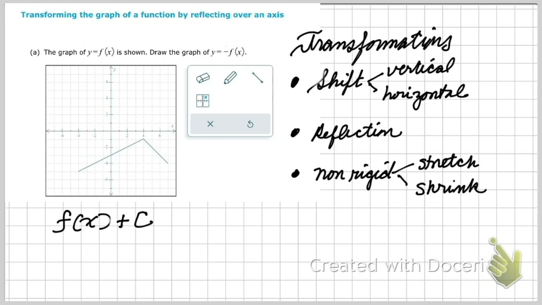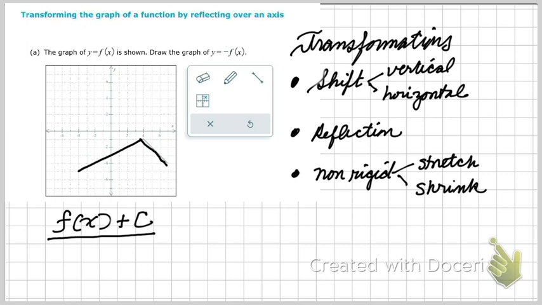We have a function here, an undefined function, some random set of points that defines the function f of x. And we want to do a transformation of that, namely a reflection. So just like for the vertical transformation, we have this notation, f of x plus c means vertical transformation.